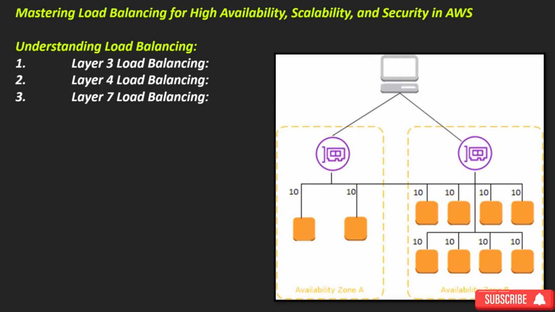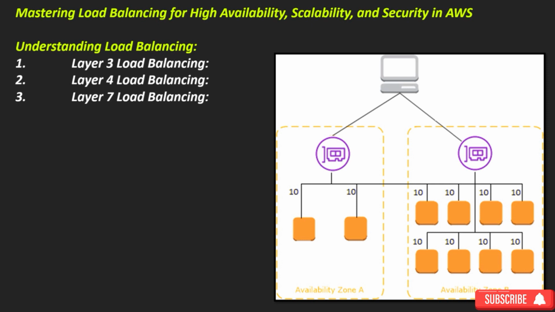The next point is mastering load balancing for high availability, scalability, and security in AWS. In today's dynamic and ever-evolving digital landscape, achieving high availability, scalability, and robust security is paramount for any web application or service.